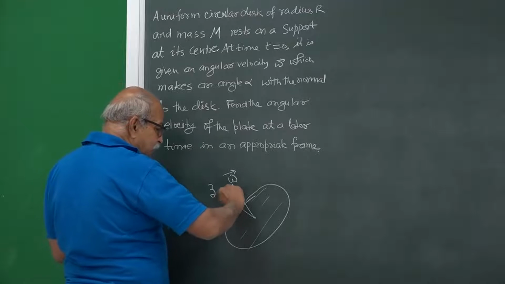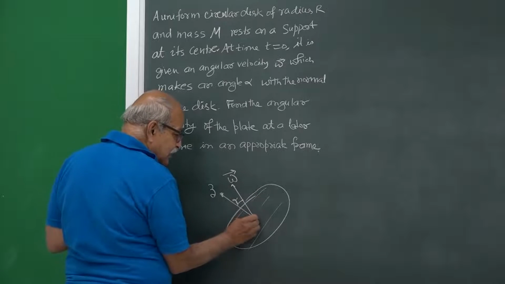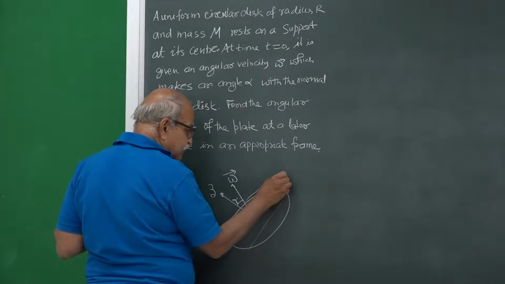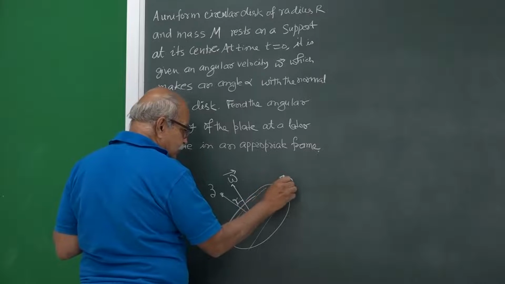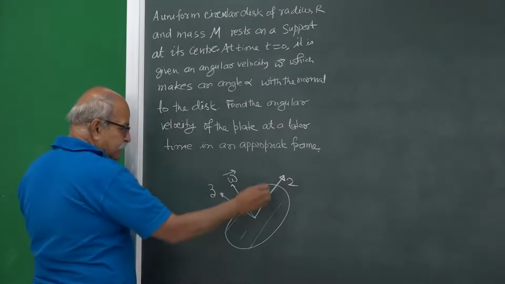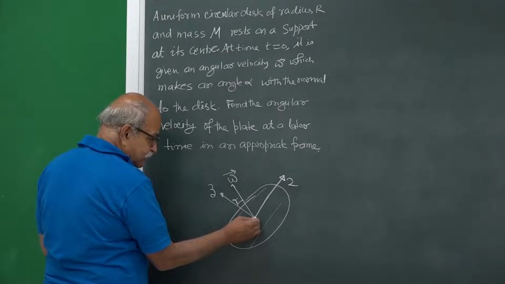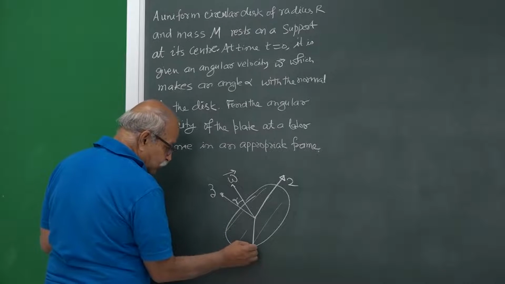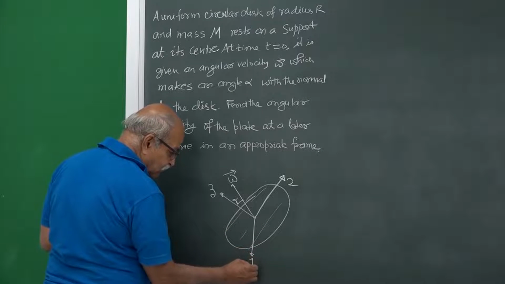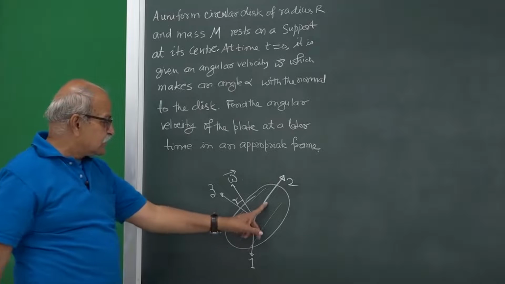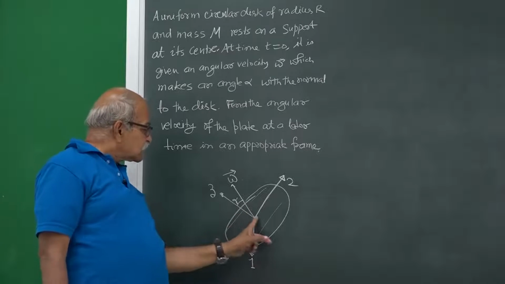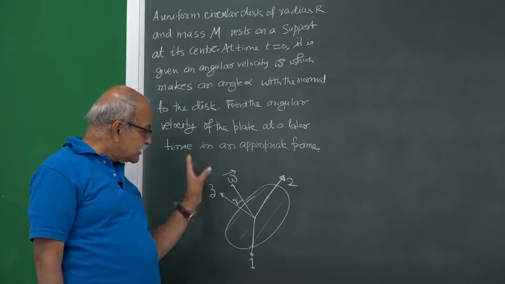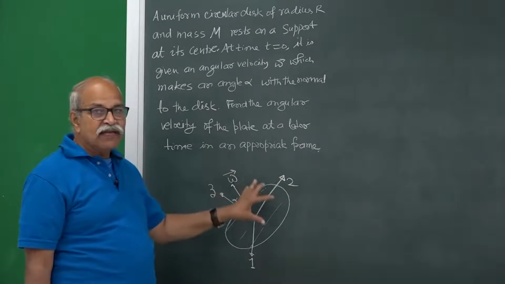In that same plane you draw the radius, and that we will take as our 2 axis, and perpendicular to this 2 axis we take another radius, and that will be our 1 axis. So, this is the radius, this is the radius. They are principal axes, and this normal is also a principal axis. So, this is our principal axis system.